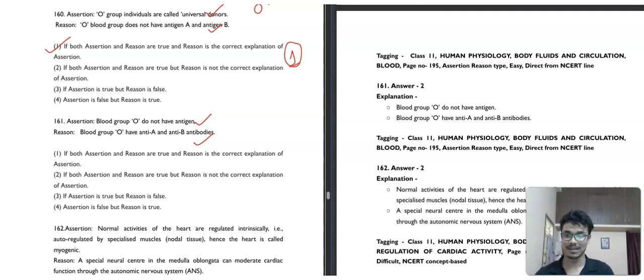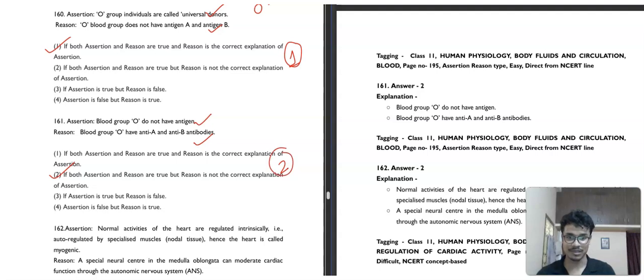But the thing is, this is also basically related to Rh incompatibility. You can see the concept that this is not the correct reason. Blood group O does not have antigen, this is correct. But blood group O has antibodies, this is the fact, not the reason. Because the location of the antibody and antigen is different. One is in plasma, one is on the RBC surface. So the second option will be your correct answer.